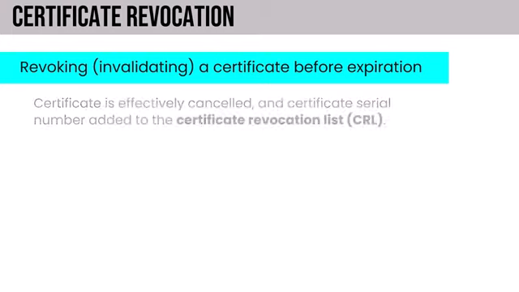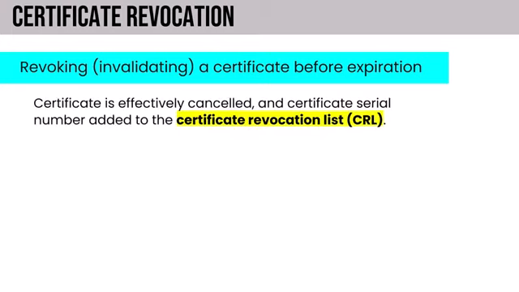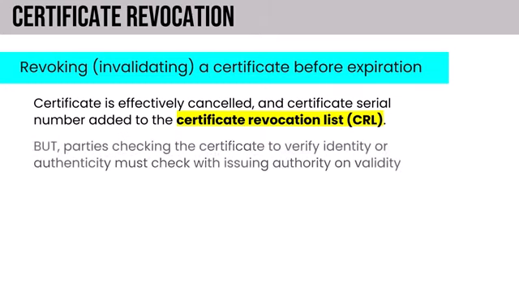So let's talk about certificate revocation. So revoking or invalidating a certificate before it has actually expired. A certificate in this case is effectively canceled and the certificate serial number is added to that certificate revocation list, or CRL. But parties checking the certificate to verify identity or authenticity must check the issuing authority on validity.